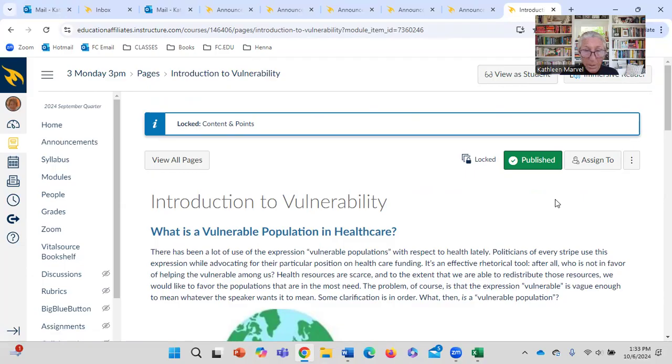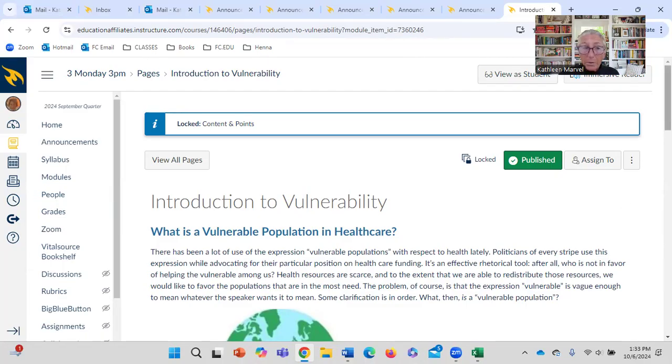Kids are vulnerable, the elderly are vulnerable, chronically ill clients are vulnerable, non-English speakers are vulnerable, veterans are vulnerable, people living in poverty are vulnerable. A lot of vulnerability exists in our communities.